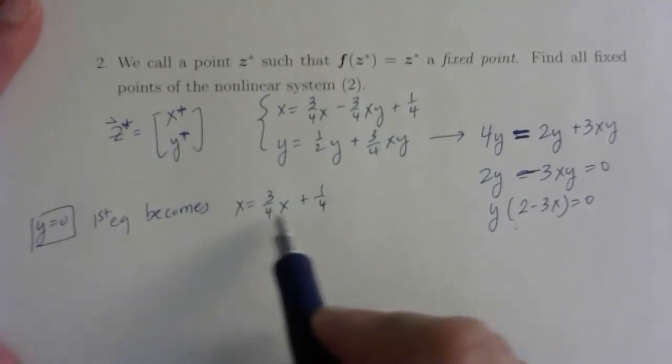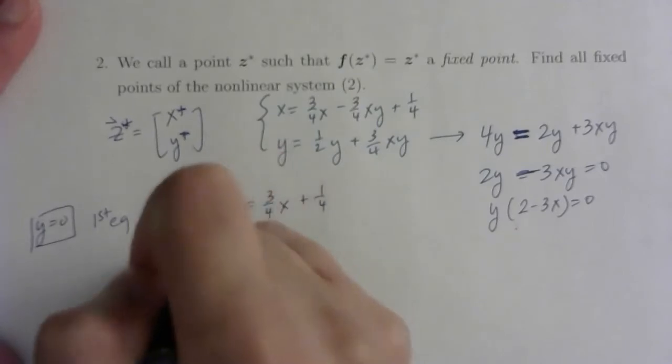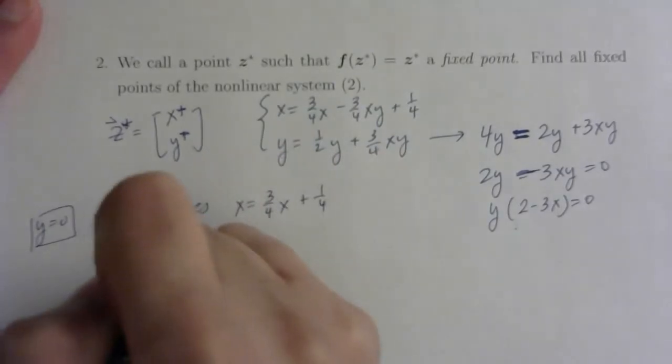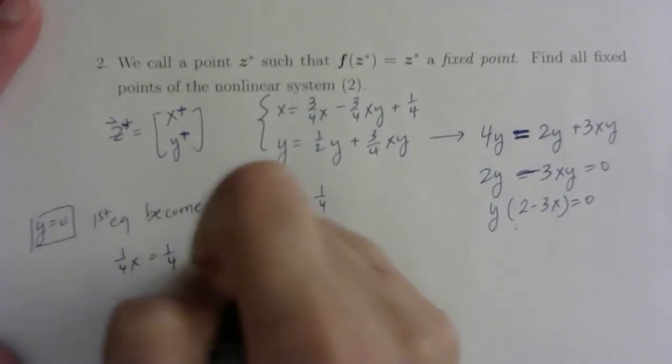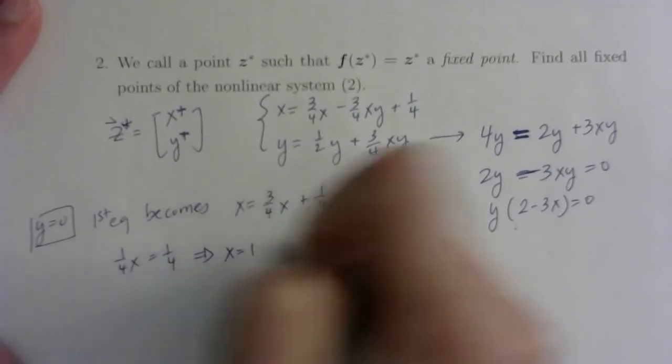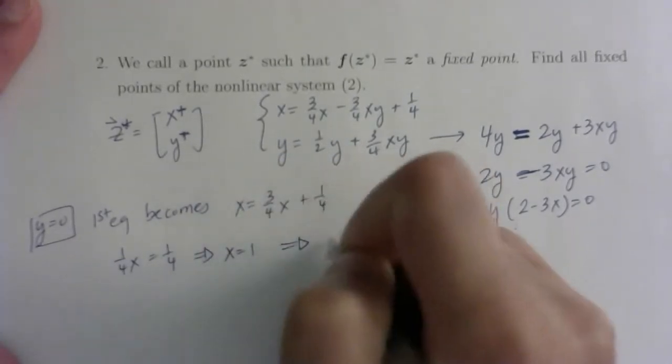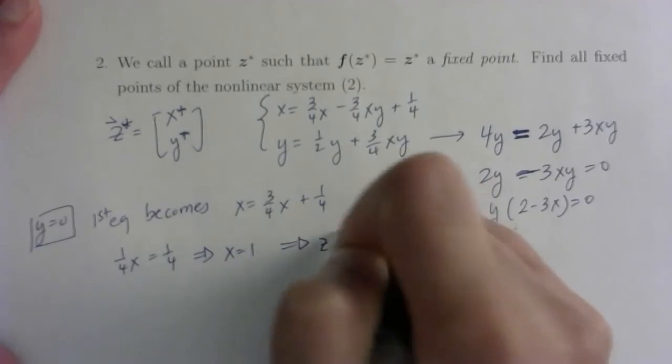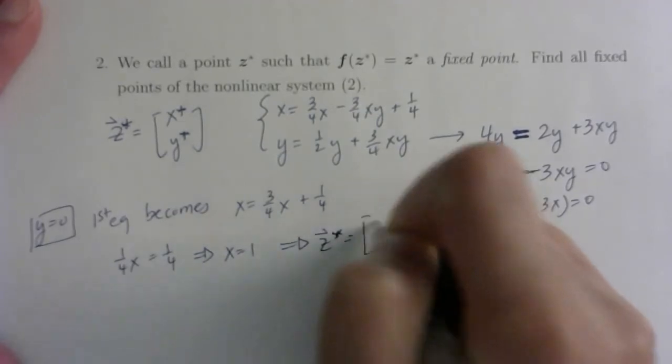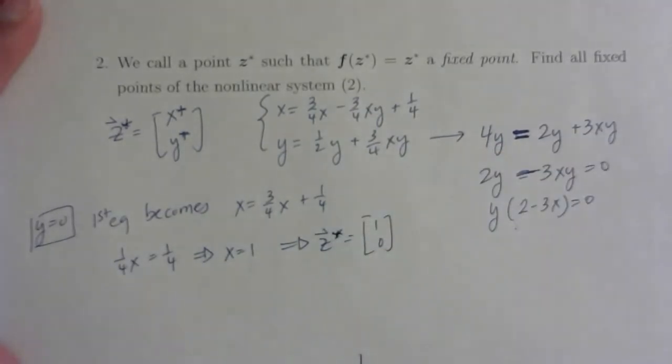So I have 1/4 x is equal to 1/4, otherwise known as x is equal to 1, which says that z star should be (1, 0). Cool. Put that in a box.